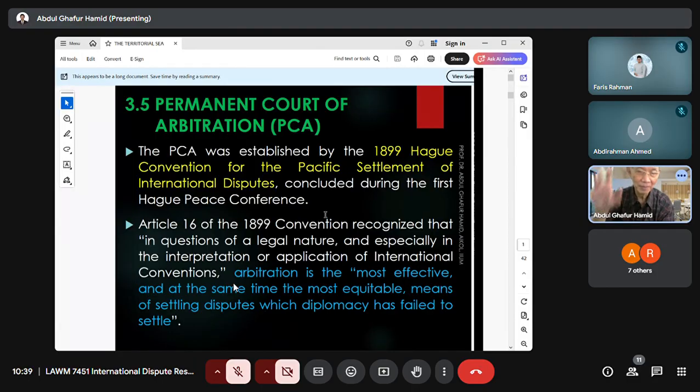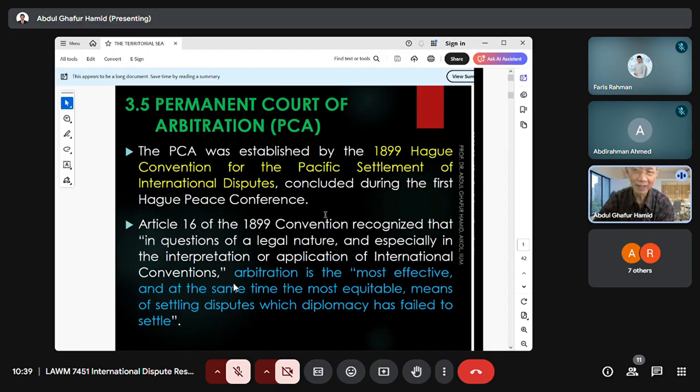And as you all know, the PCA was established by the 1899 Hague Convention for the Pacific Settlement of International Disputes. The 1899 Hague Convention was adopted at the first Hague Conference. And the second Hague Conference was in 1907.